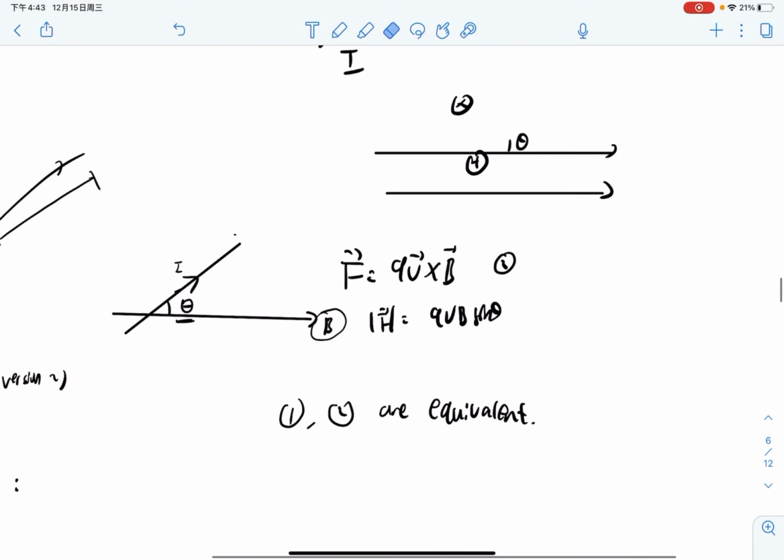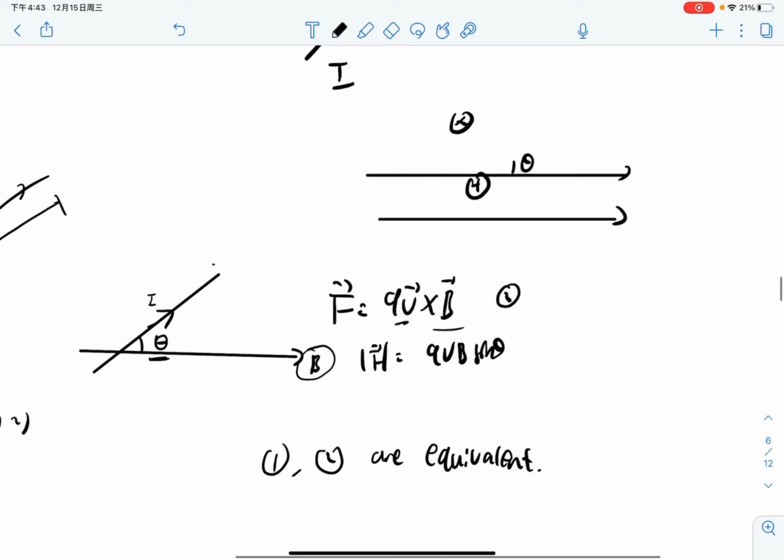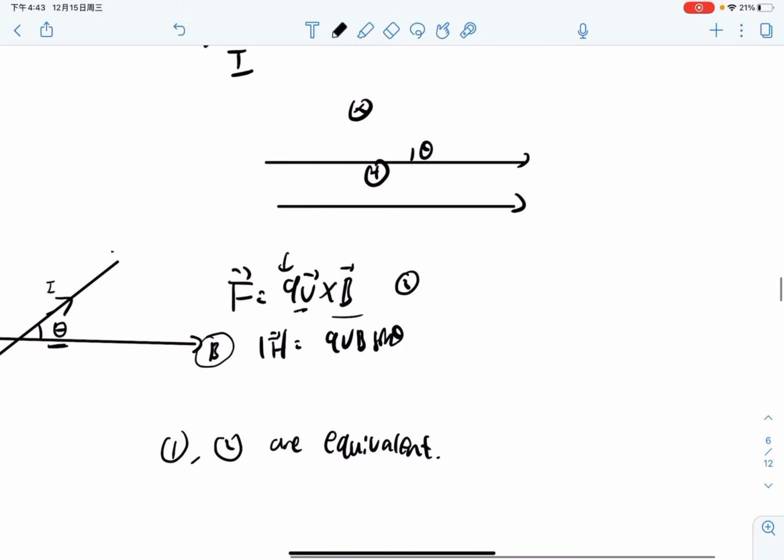And for the second equation, which is F equals qvB, where v is a velocity of the particle, and B is a magnetic field. For this case, it is important to know that q can be positive or negative. When it is an electron, it is negative, and when it is a positive ion, it is positive.